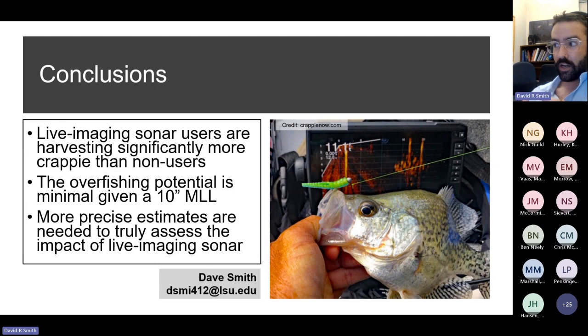But on the reservoirs that I highlighted, we've seen up to 30% of total effort geared towards crappie in historic creel surveys. So I think our findings are relative to other reservoirs throughout the Southeast, and I'm not really sure what it looks like in other fisheries, but wherever crappie is a focus, that's where we've seen higher adoption rates.